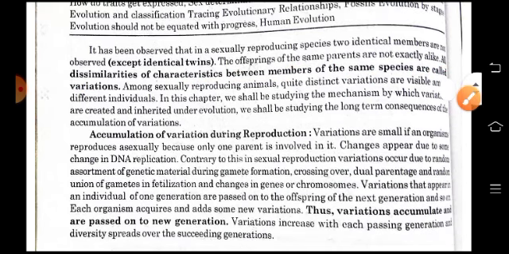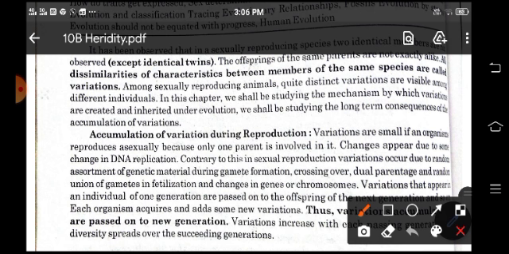Now variations are small if an organism reproduces asexually, because only one parent is involved in asexual reproduction, and changes appear due to some changes in DNA replication.